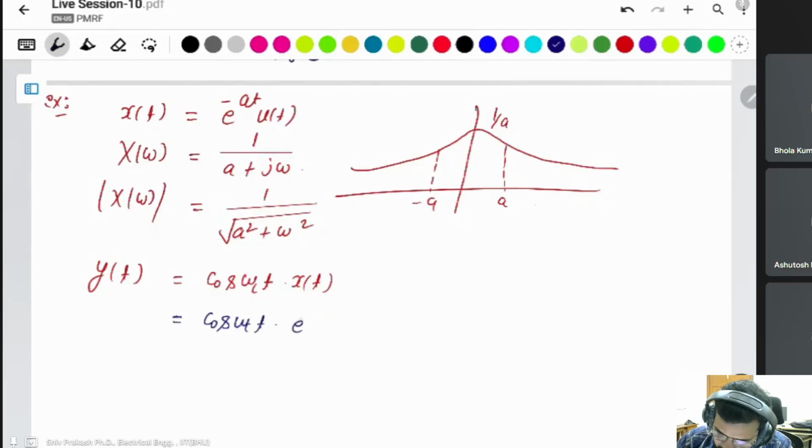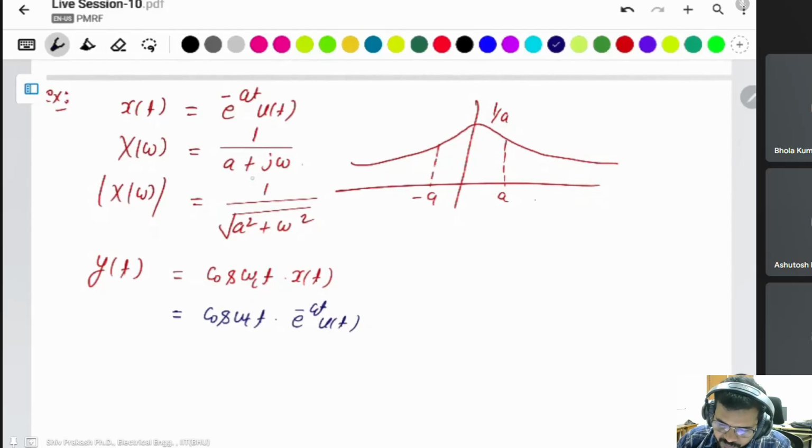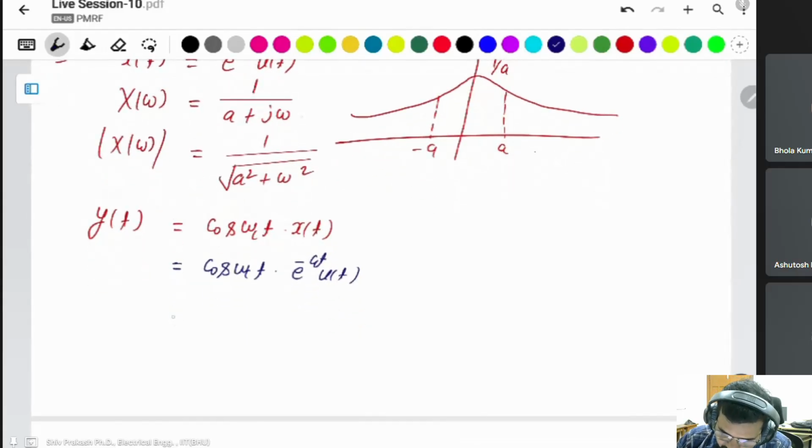Xt is equal to e to the power of minus at ut. This will be 1 by a plus j omega, so it changes like 1 by 2 of X of omega minus omega c plus X of omega plus omega c.